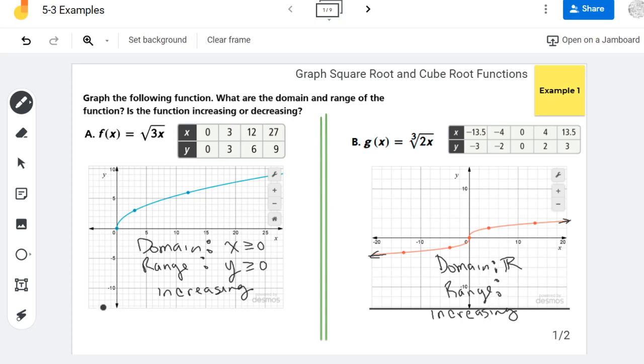When they look at these ends, they see them going left and right, but they don't realize that this one's still kind of going down a bit. And this one's still kind of going up a bit. So just because they go up and down slowly doesn't mean that they're not going up and down, okay? So this graph continues to increase forever and it continues to decrease forever. So the range is also all real numbers.